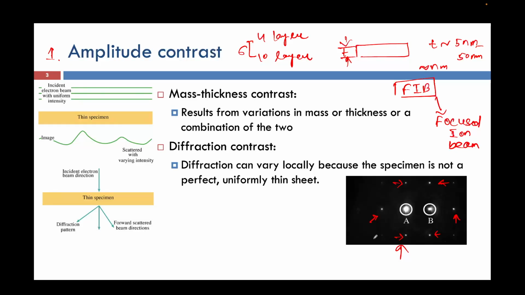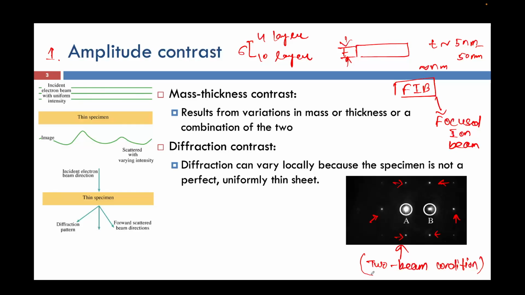To see the diffraction contrast, we have to go to a condition that we will see in a later slide. This condition is known as the two beam condition. Why we need a two beam condition, we will see. To observe the dynamic diffraction contrast, we need a two beam condition.